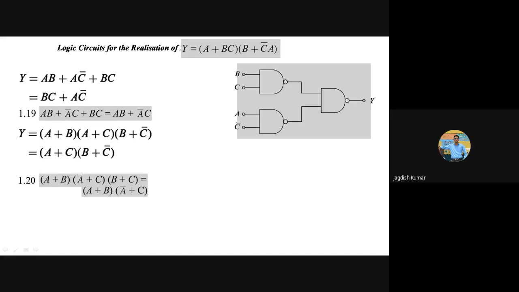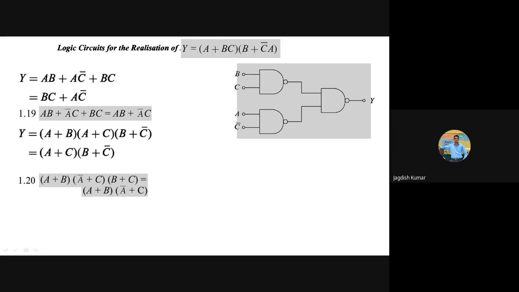Yes, others, are you able to get y equal to BC or AC complement? Jyoti is getting it. I hope if you are writing yes it means you have done it. Okay, be honest. If you're not getting it, just let me know. I can help you.